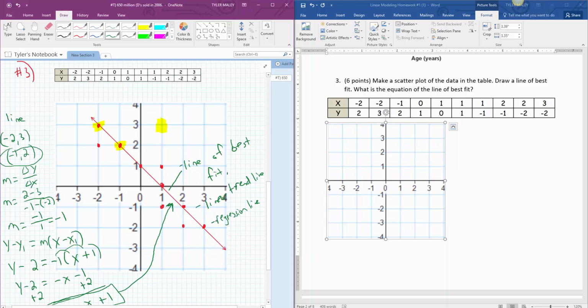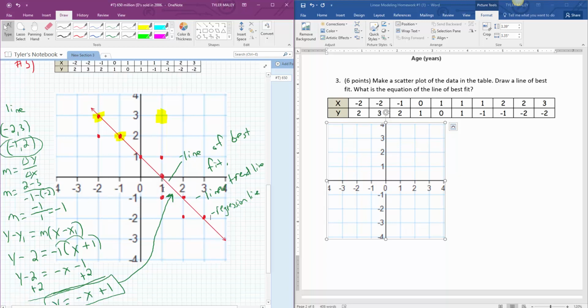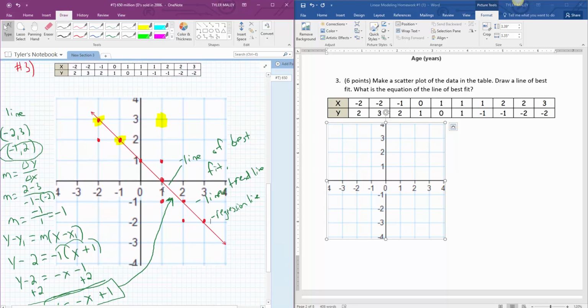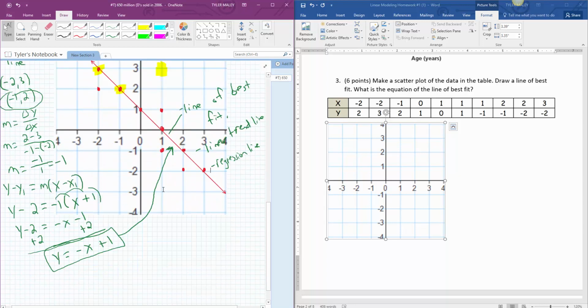So there are different terms for this line when we're doing linear modeling, but those are the three that you'll typically see: line of best fit, linear trend line, or sometimes just trend line, and it's also a regression line.